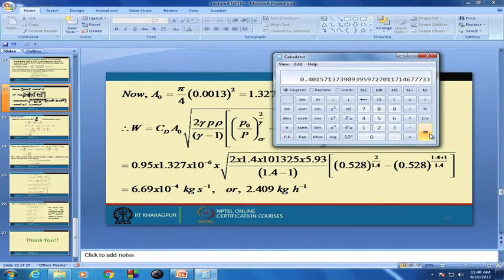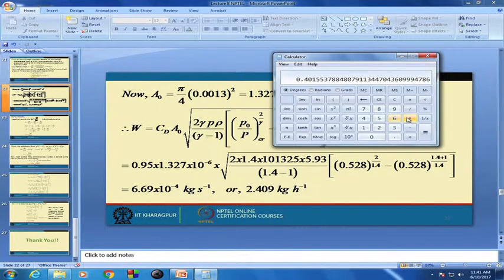So, this is equal to that, minus 0.528 to the power 1.4 plus 1, that is 2.4 divided by 1.4, is this, so is equal to this, right.